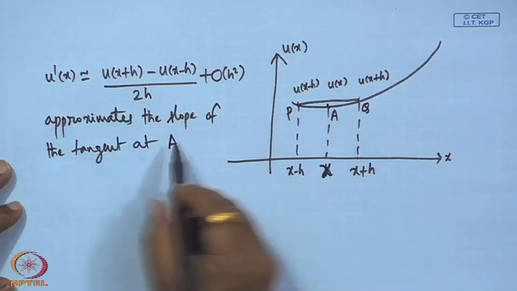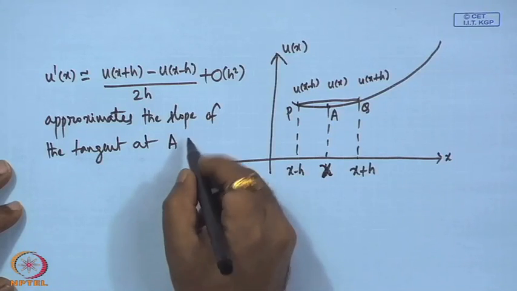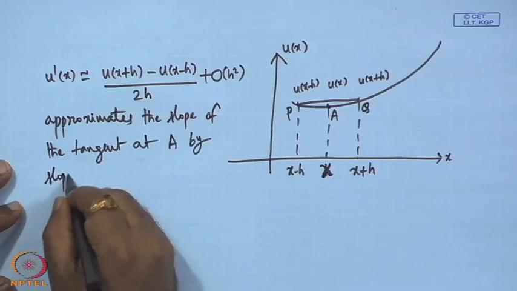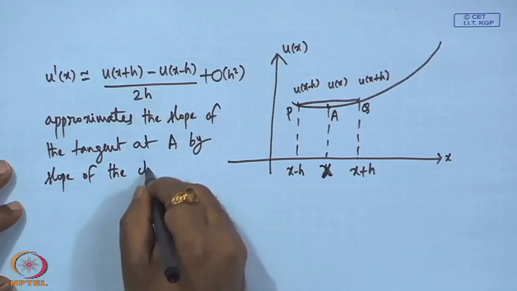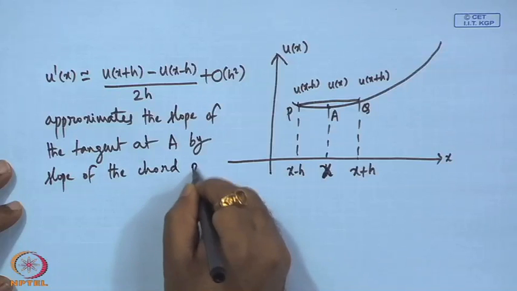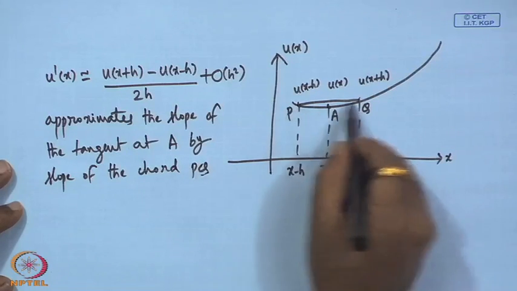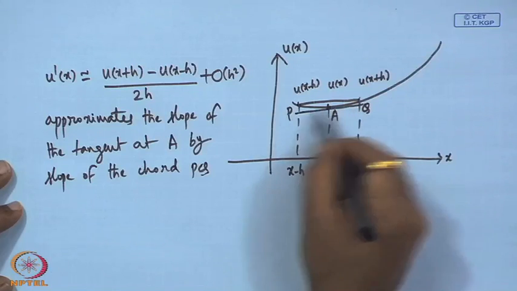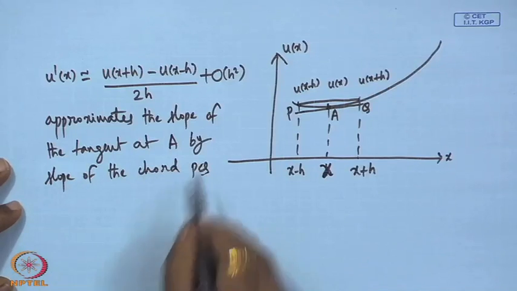X is the point A. So, therefore, approximate the slope of the tangent at A by the slope of the chord PQ. Okay. So, the slope of the tangent at A has been approximated by the slope of the chord PQ.